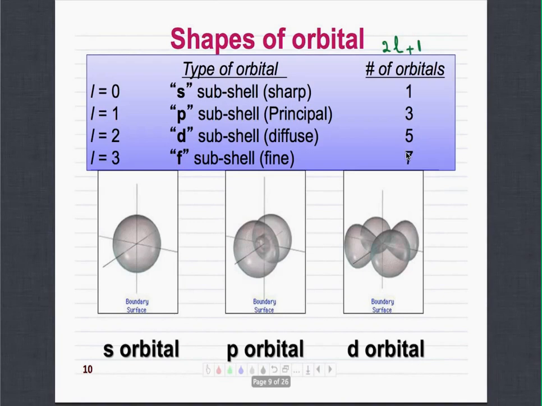You need to know that L equals 0, what does it correspond to? And 1, 2, and 3, what does each one of these correspond to? And then you need to know this equation and how to use it. The number of orbitals in a subshell is 2L plus 1. Then you know the L for each subshell, and you can know how many orbitals there are. Does that make sense?